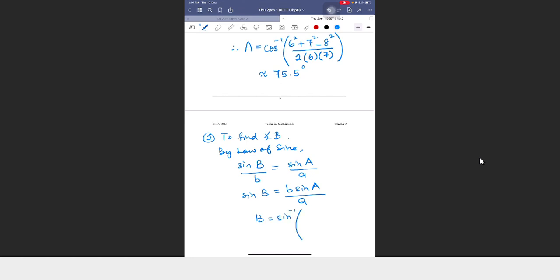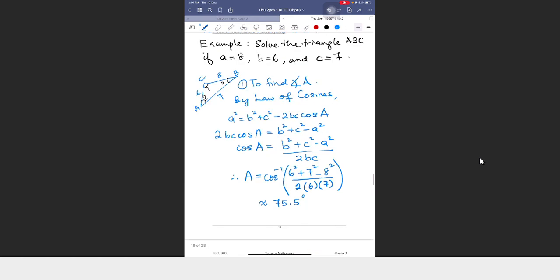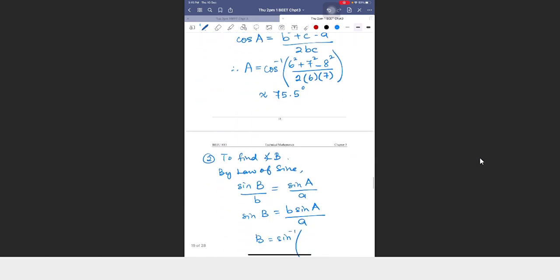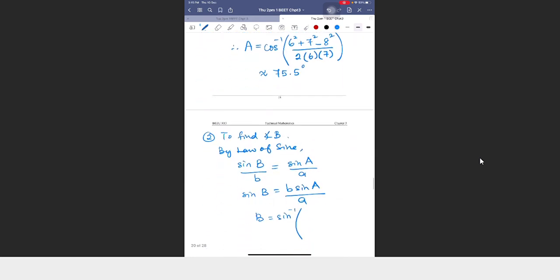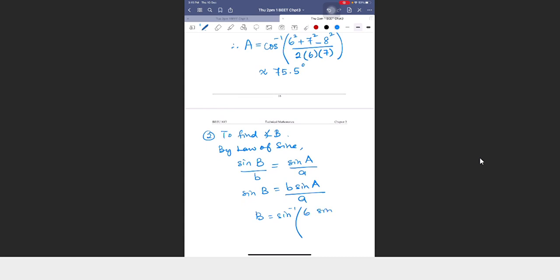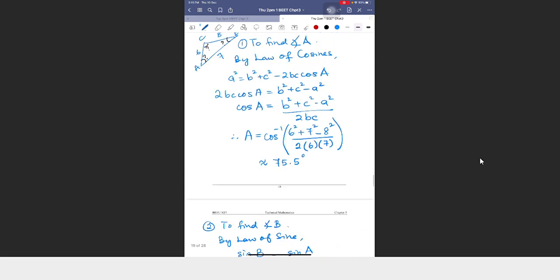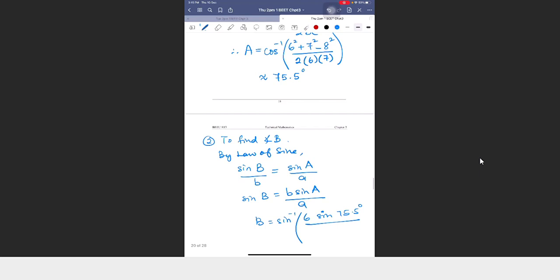B is 6, sine A we found just now is 75.5 degrees, over small a, length A is 8.